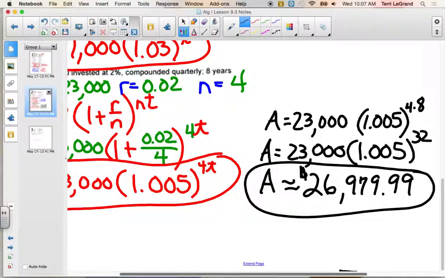We substitute 8 for t. The next step, multiply that, we get 32 for our exponent. Put it in your calculator, run your cents. And ask ourselves, is my answer okay? Good thing.